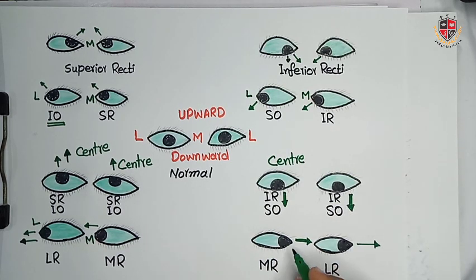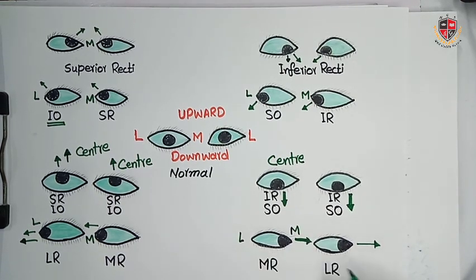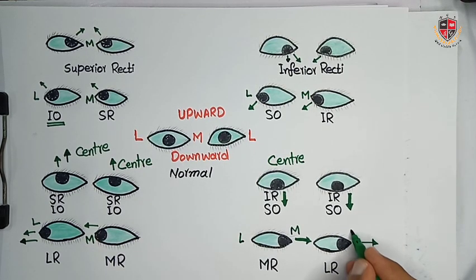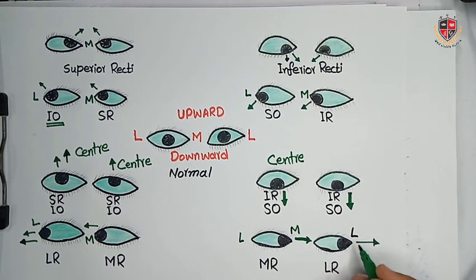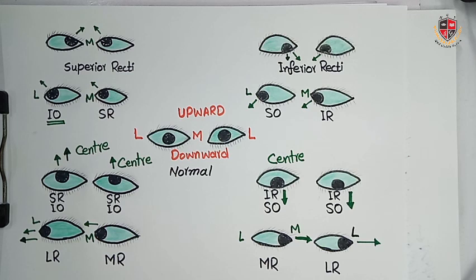Medial rectus causes the eyeball to move medially, horizontally. This is medial side, this is lateral. Lateral rectus muscle causes the eyeball to move laterally in horizontal direction. This is lateral side.